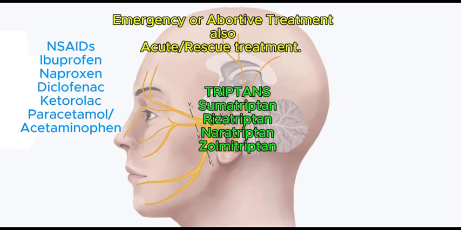Due to the activation of 5-hydroxytryptamine 1B and 5-hydroxytryptamine 1D receptors in the coronary arteries and cerebral vessels, there are recommendations against its use in patients with ischemic stroke, ischemic heart disease, poorly controlled hypertension, angina, pregnancy, hemiplegic, or basilar migraine.